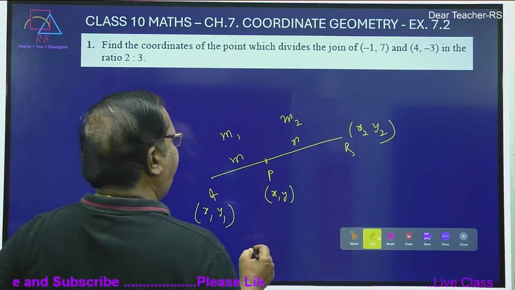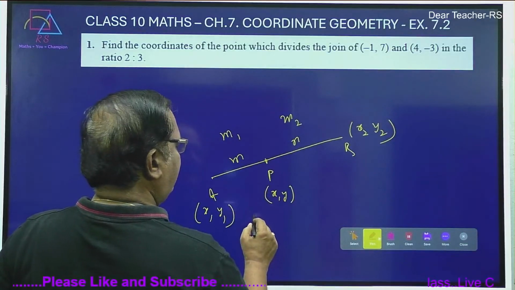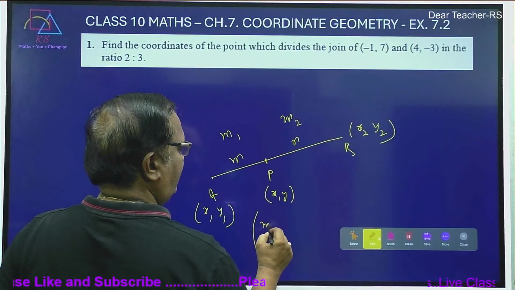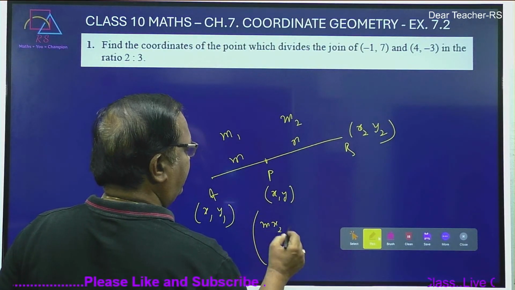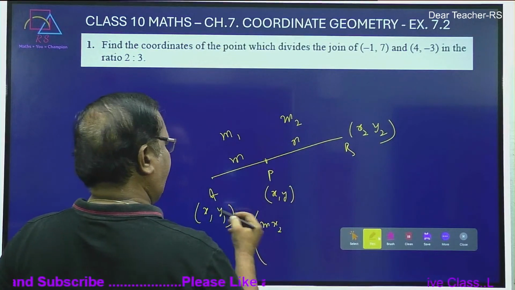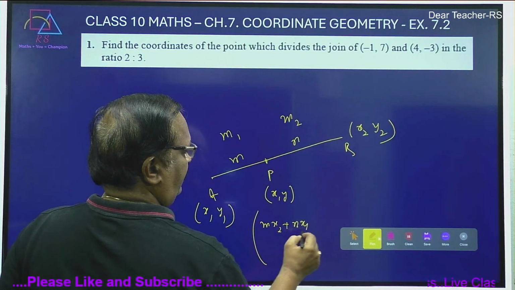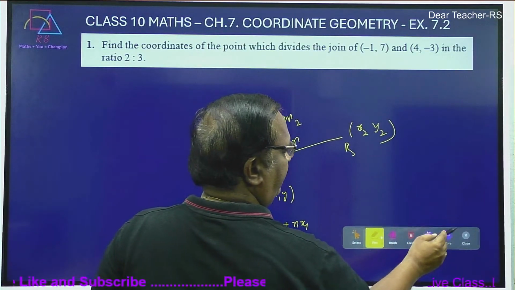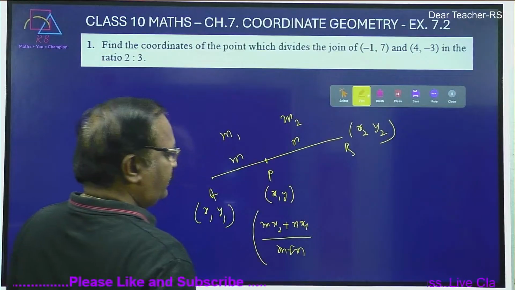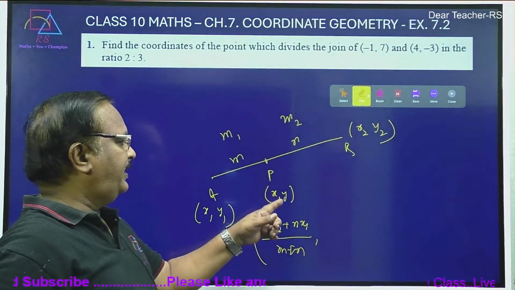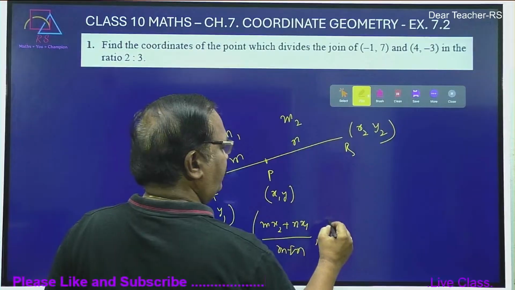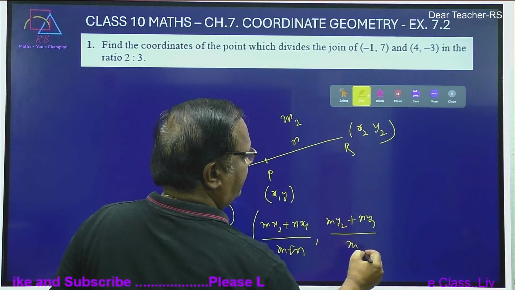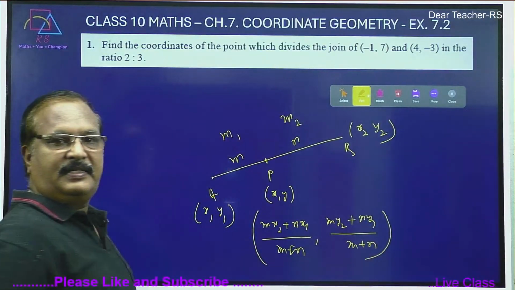So I will just give you again, this x coordinate is equal to mx2 plus nx1 by m plus n, just logically also you can remember. Comma, again y coordinate my2 plus ny1 by m plus n. This is the section formula.